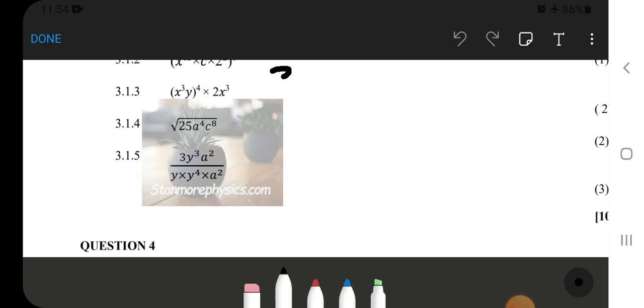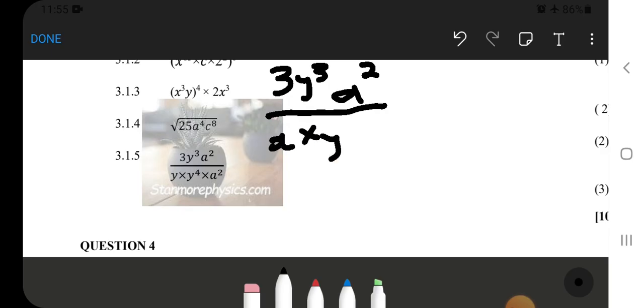3.1.5. We have 3y cubed a squared all over y times y to the power 4 times a squared.